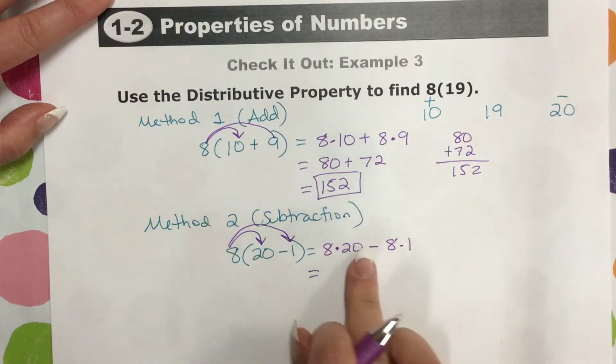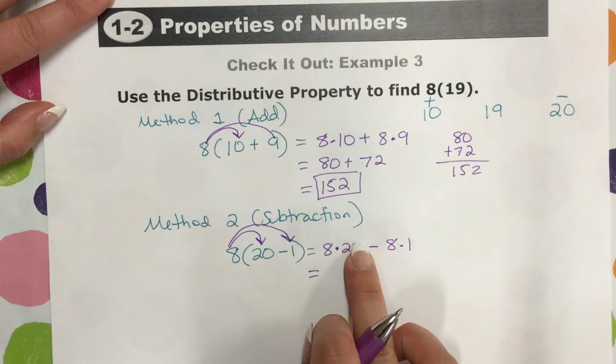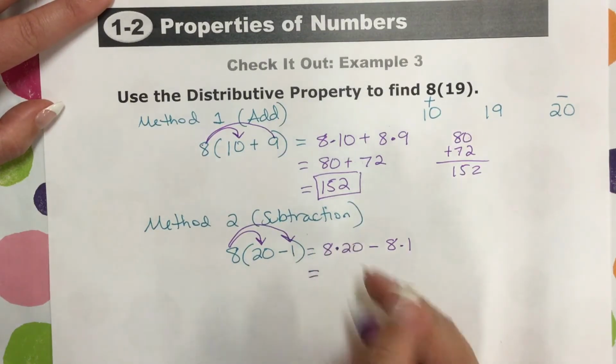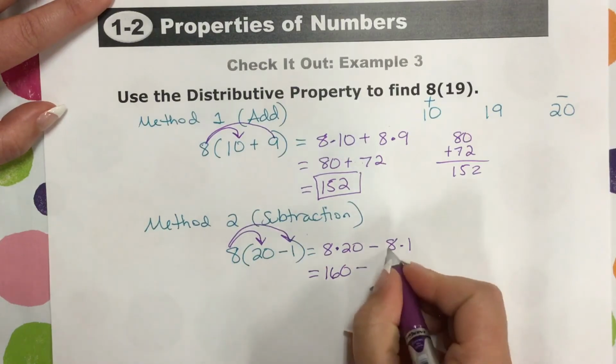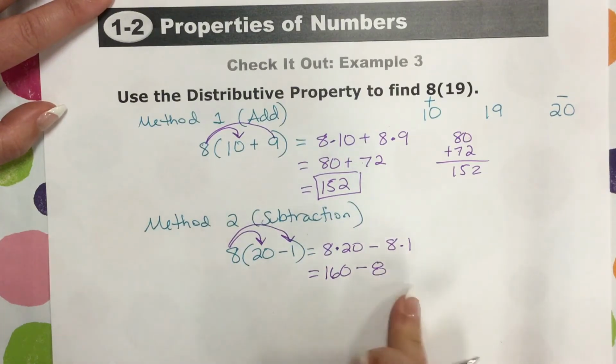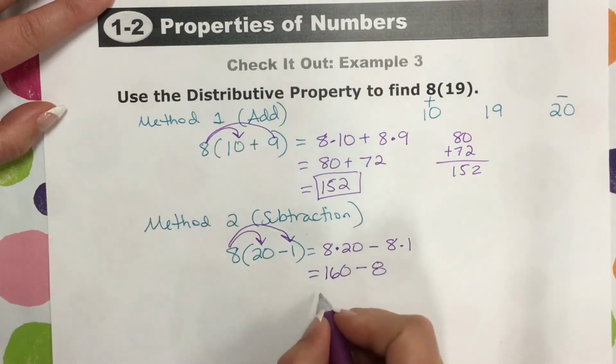Now, 8 times 20, my little 0 rule, 8 times 2 is 16, add a 0. So it's 160, minus 8 times 1 is 8. And so it's just 160 minus 8, which would be 152. So we get the same thing.